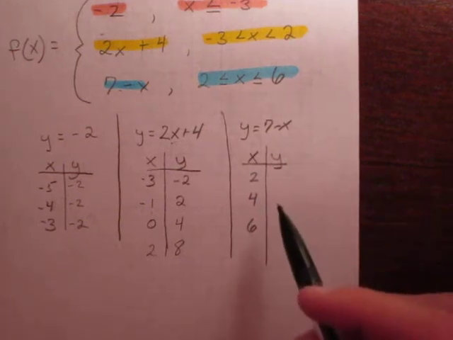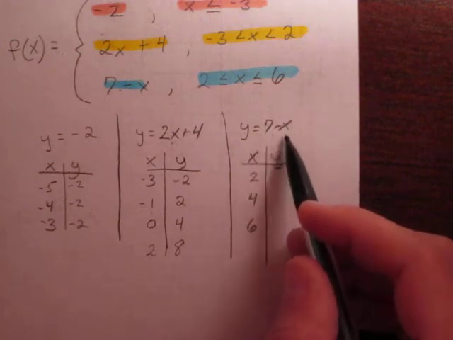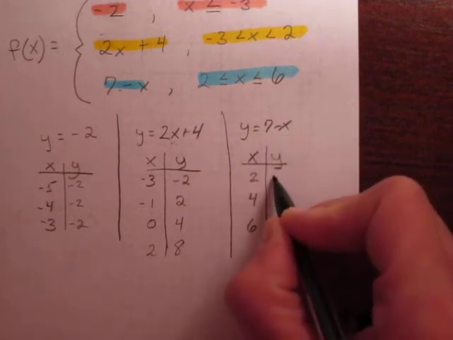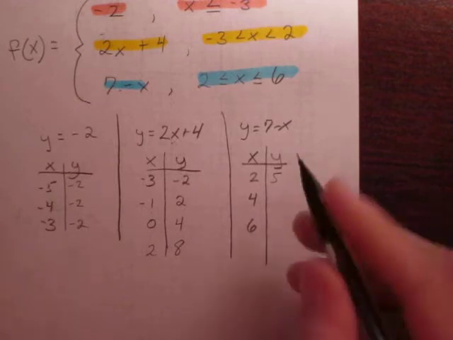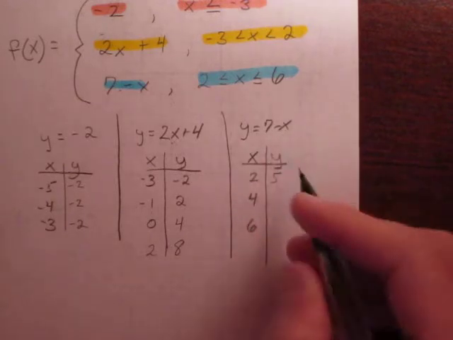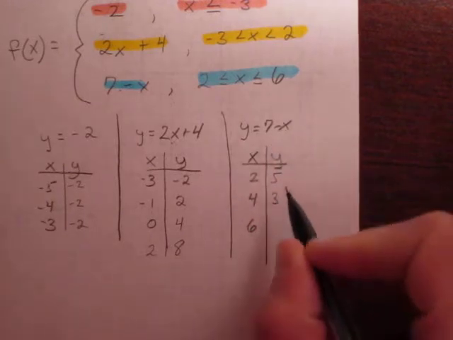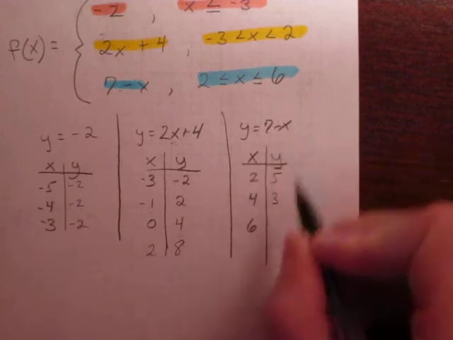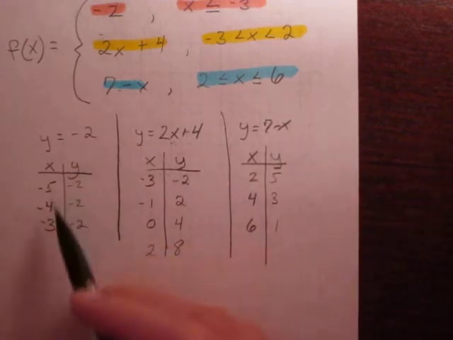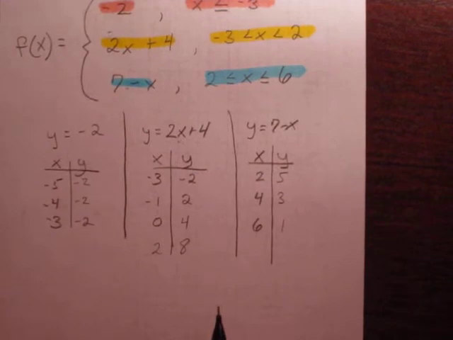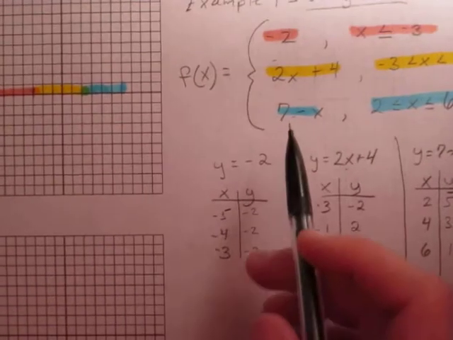You just want to make sure that you get enough. When I put in 7 minus x, 7 minus 2 is 5. 7 minus x, when x is 4, that's 7 minus 4 is 3. 7 minus 6 is 1. So now I have all these ordered pairs that I can graph over here.